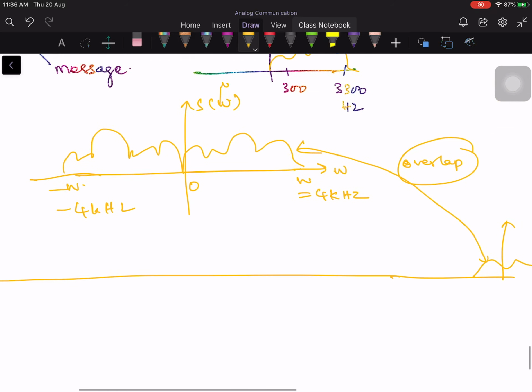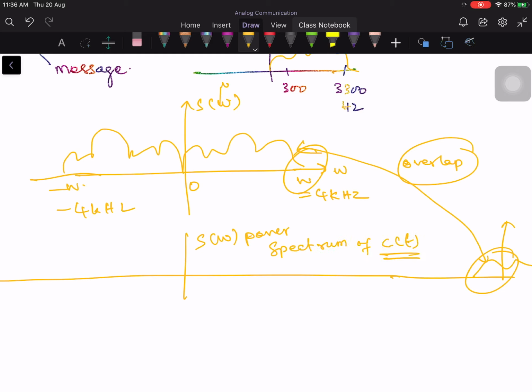So this is a low frequency component, and here this is a high frequency component. This is the power spectrum of C of t.